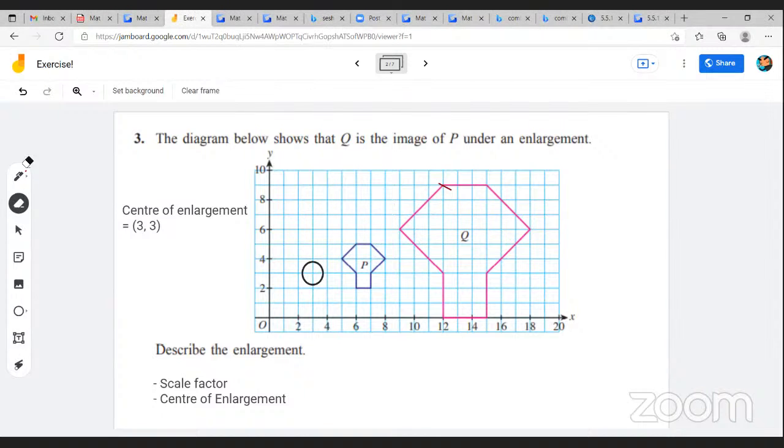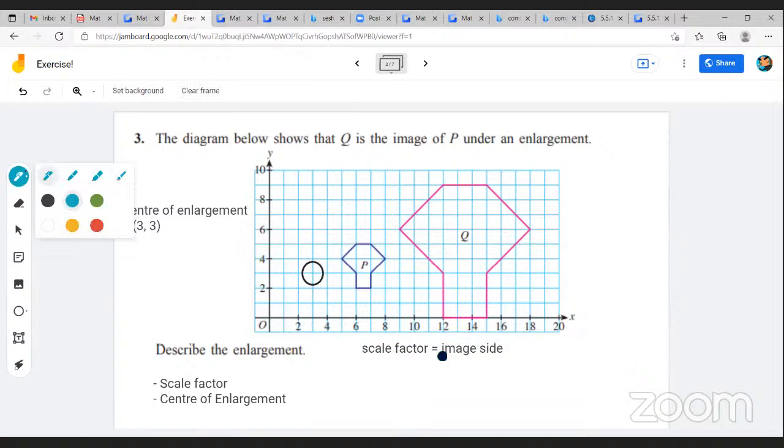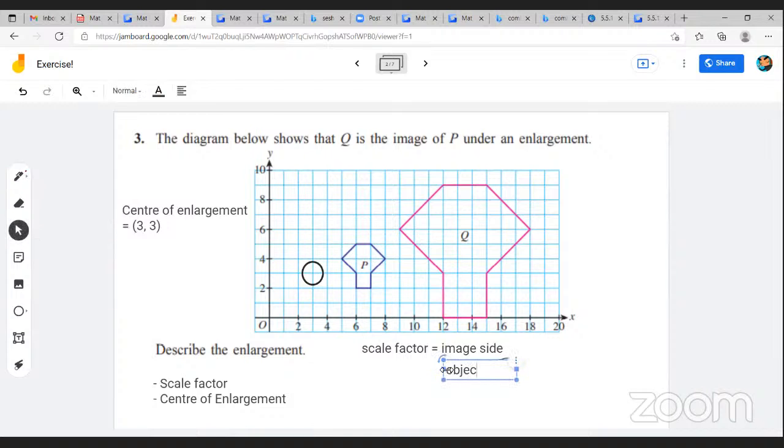Okay, so to proceed, for scale factor, you must understand that the formula for scale factor is equivalent to the image side divided by the object side. So if you're looking at it like this, let's take the shape for example, and then we can take any side on the shape.